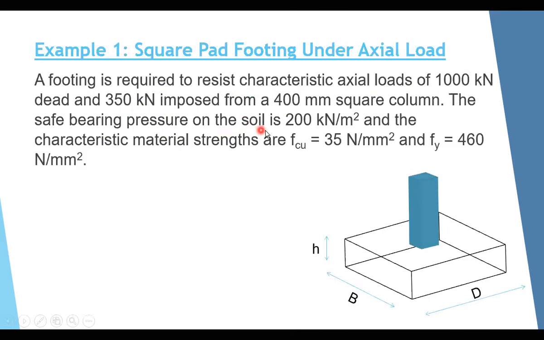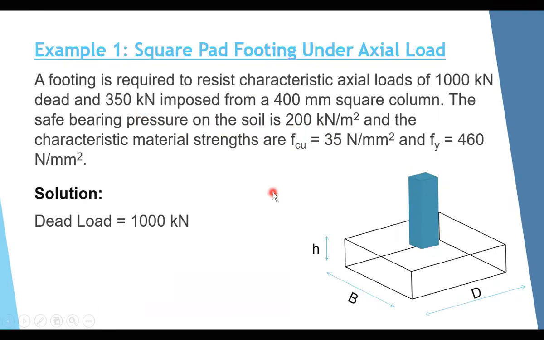The bearing pressure of the soil is 200 kilonewton per meter square. The FCU is 35 and FY is 460 megapascal. So the idea here is that we need to design this footing. The column is 400 by 400, and the bearing pressure, dead load and live load are given.